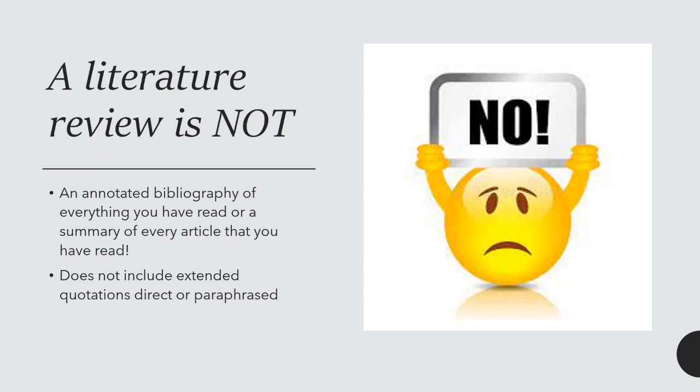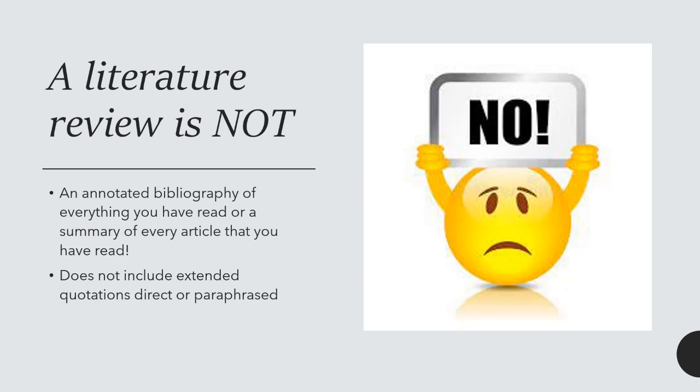It also does not include extended quotations, direct or paraphrased. And this is very, very important. You will usually find that as you put your chapters through Turnitin, the chapter with the highest potential rate of similarity in your Turnitin report is very often your literature review.